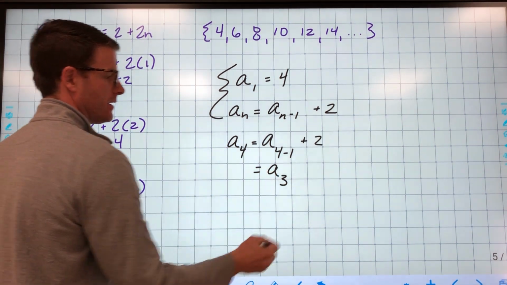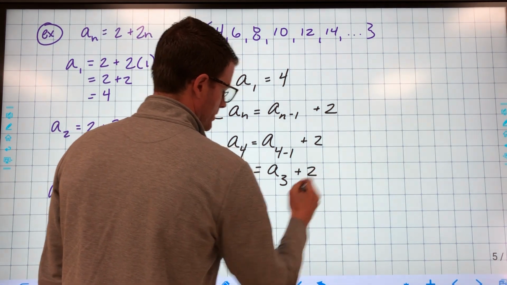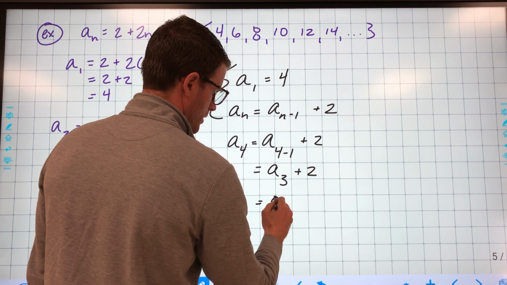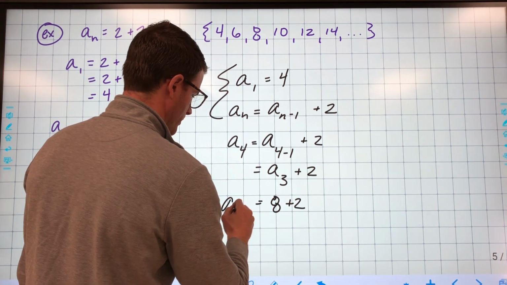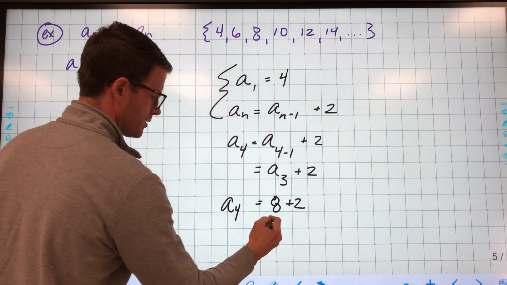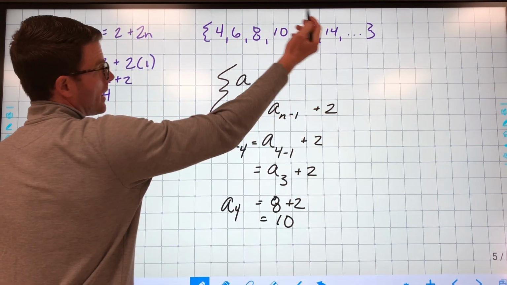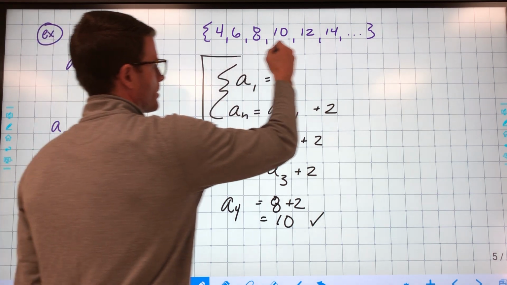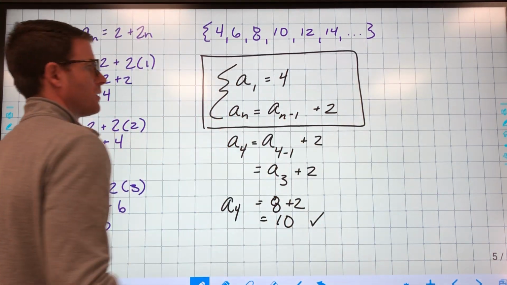I need that. So the value of the third term plus 2. Well, the value of the third term was 8. So is the value of the fourth term 8 plus 2, or 10? Yeah, it is, we've already found that out. So this recursive formula works.